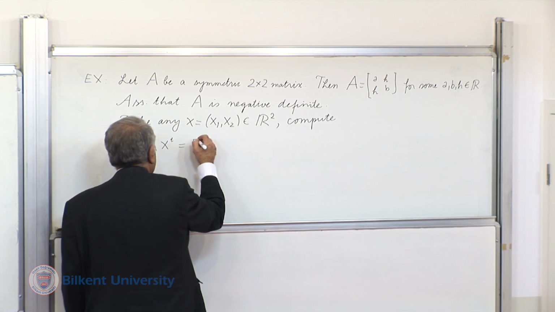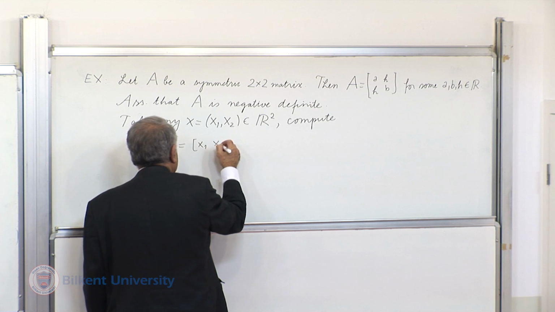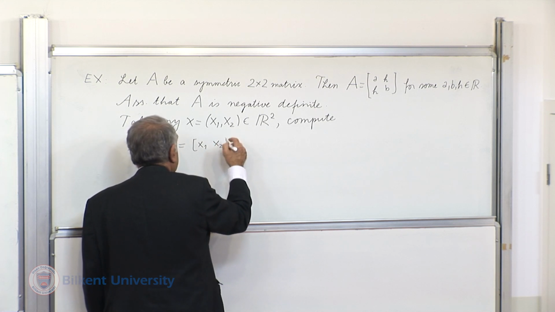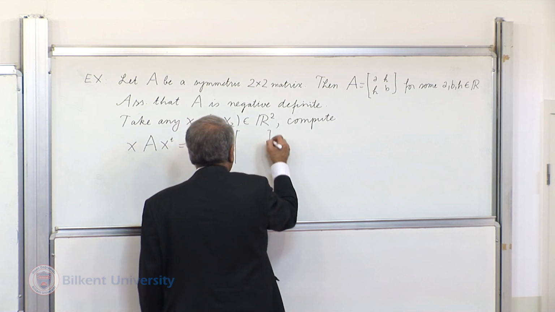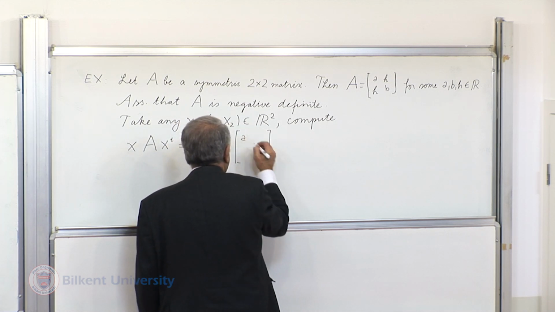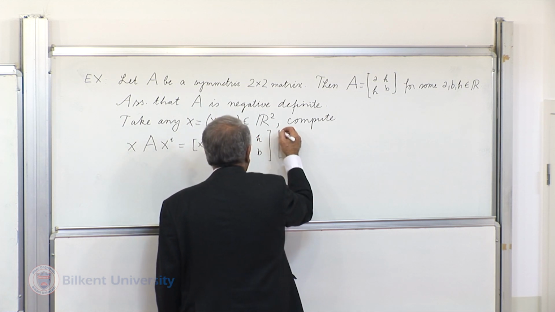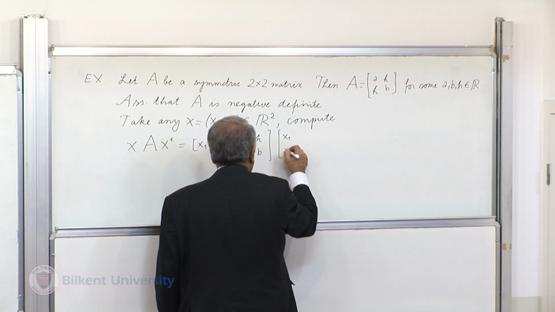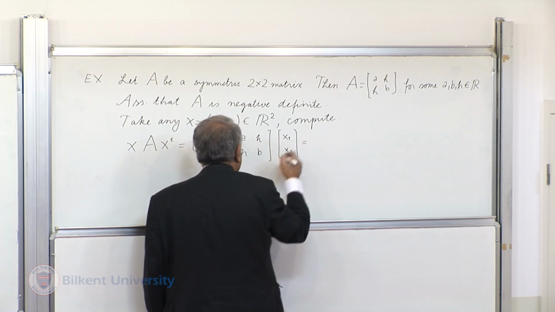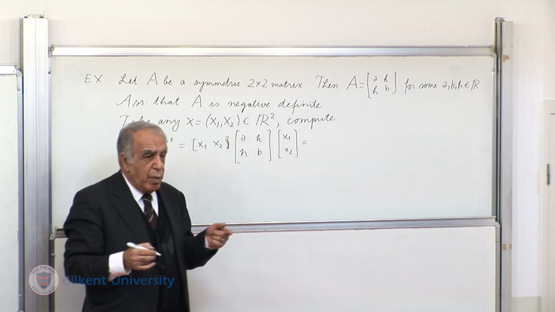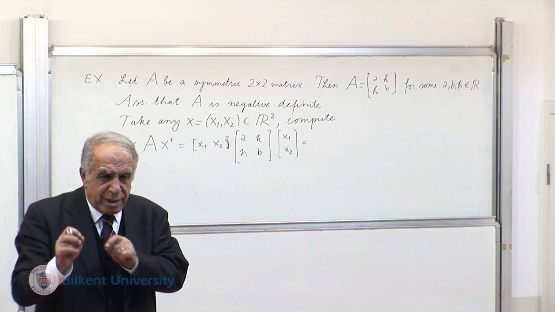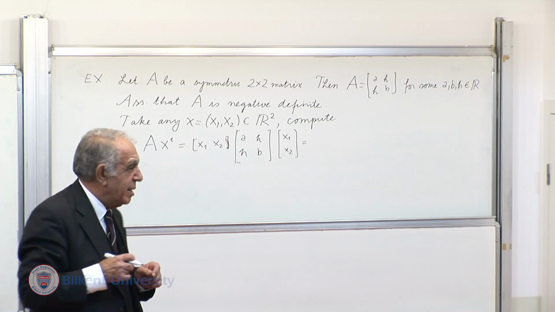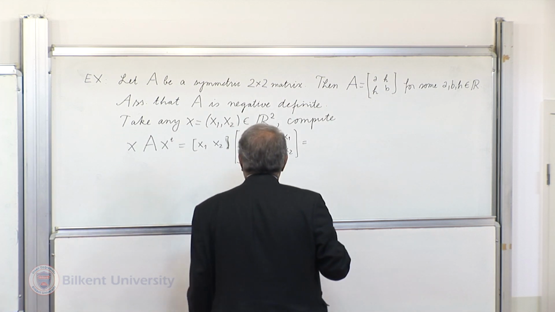Now we will represent x as a row matrix, then we have A, and then we have the transpose of x, which is this column matrix. Now this product will be a 1-by-1 matrix, but we will just consider that as the unique entry it consists of.